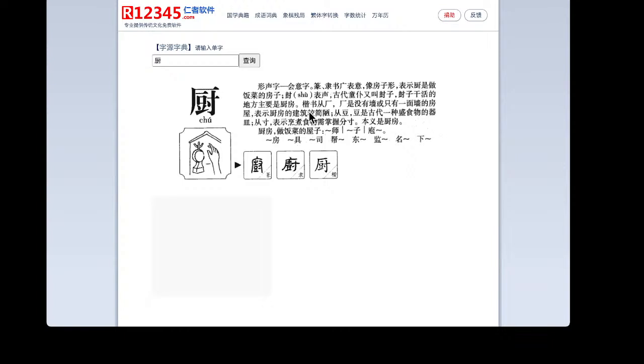When you look at the 树 itself, on the left-hand side is some kind of cooking device, and on the right-hand side is a hand bringing something to it. So it's a picture of trying to cook, or any other work activity. So this is 厨.